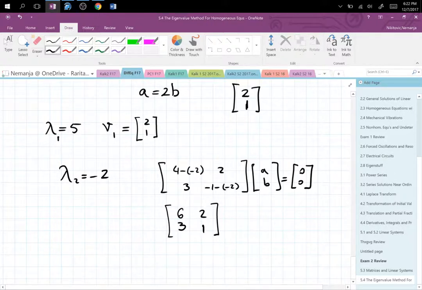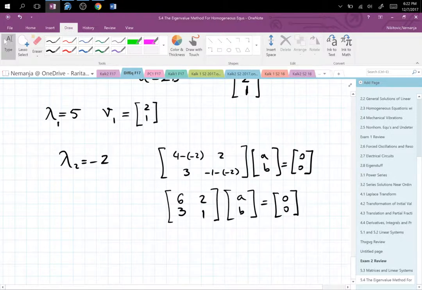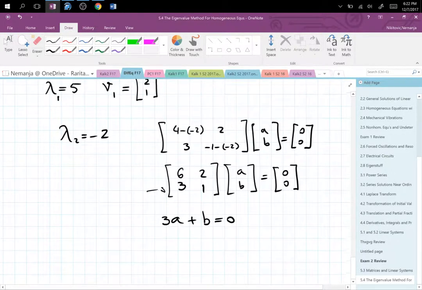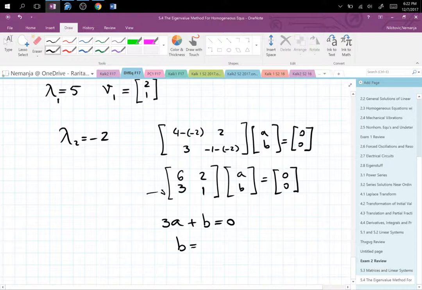Observe that if you multiply the second row by 2, you get the first row. So again, they must be dependent, which means they have to be constant multiples of each other. So I can pick the second row now. It doesn't matter. If I pick the second row, I have 3a plus 1b, which is just b, equal to 0. And from there, b is equal to negative 3a.